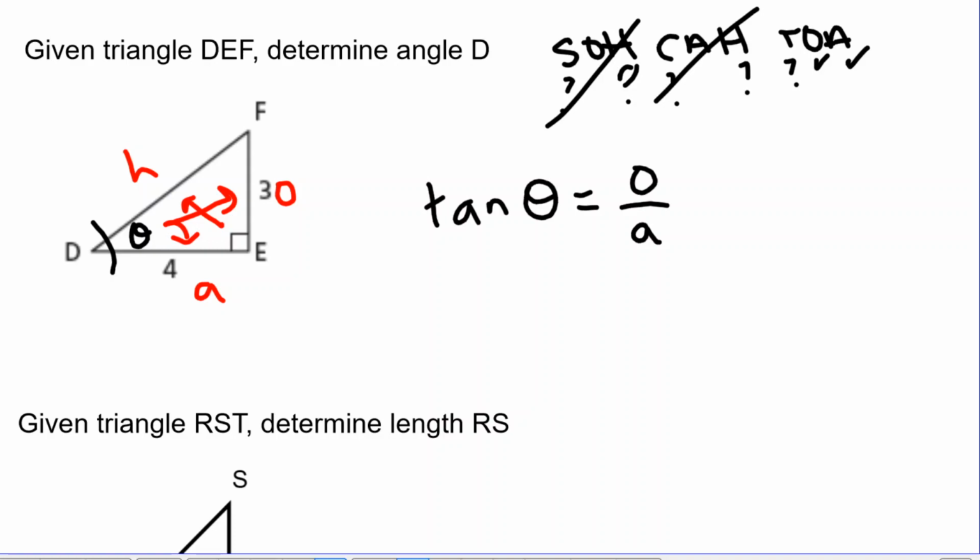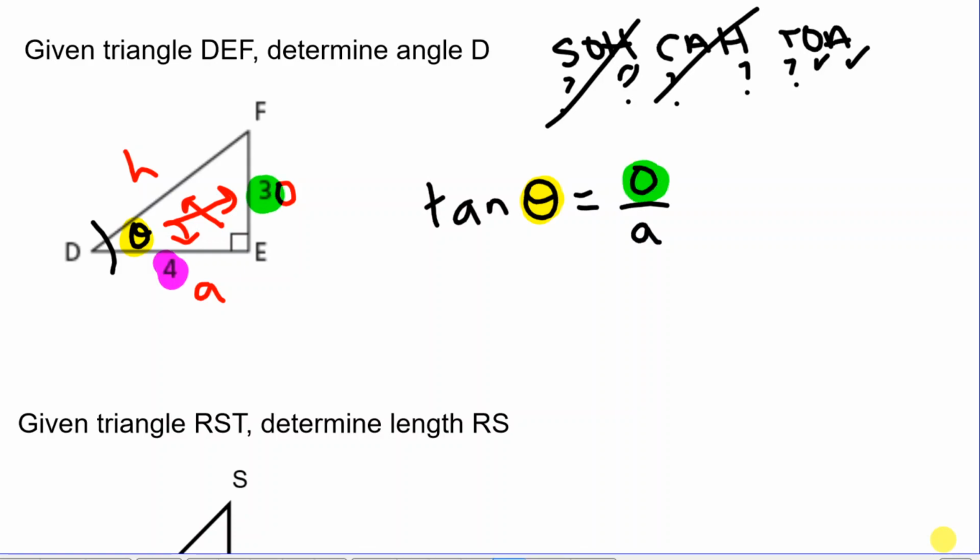I then fill in the blanks, and again, I need to make sure I can fill in 2 of these 3 pieces of information. And this time I can. I don't know the angle. This is my unknown. This is what I'm solving for. Tangent itself is an operation. It's not an unknown. It's not a variable. I know the opposite length.